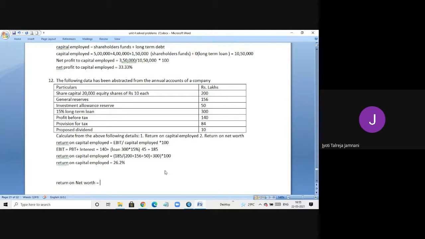Now return on net worth is similar to the above problem. We want return on net worth, so we want return on equity basically.